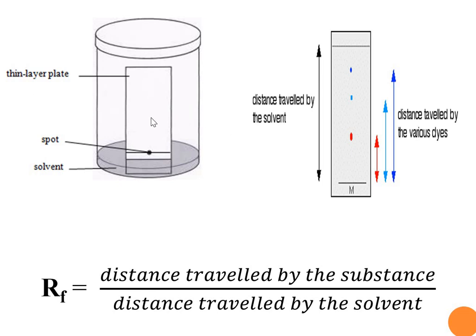The substance to be separated, such as ink, is placed on this spot, and then the solvent, which happens to be the moving phase, is placed in the container as shown.